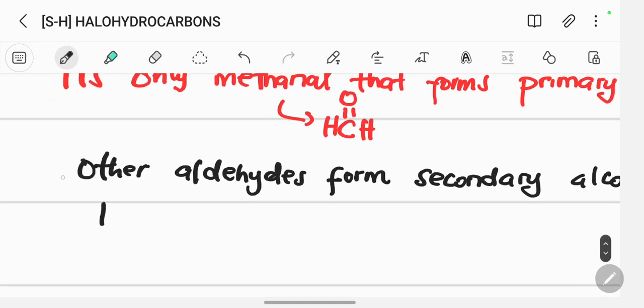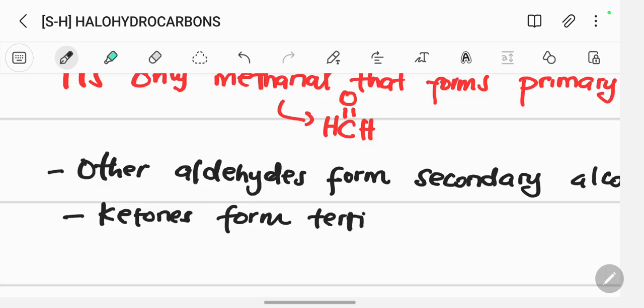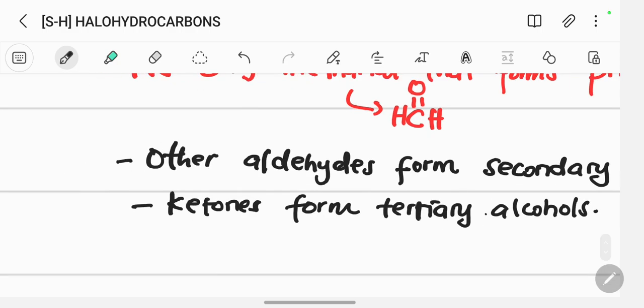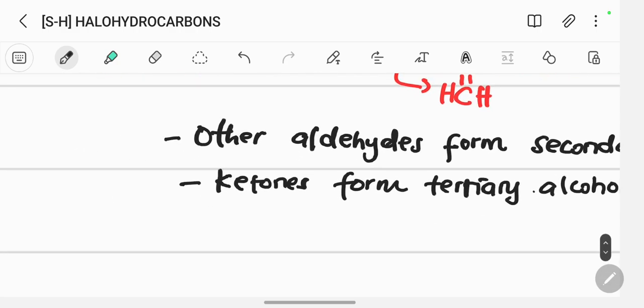Then ketones from tertiary alcohols. So that is the chemistry.